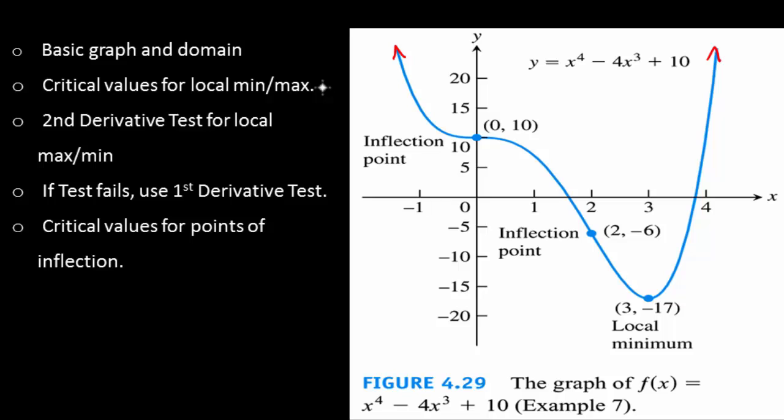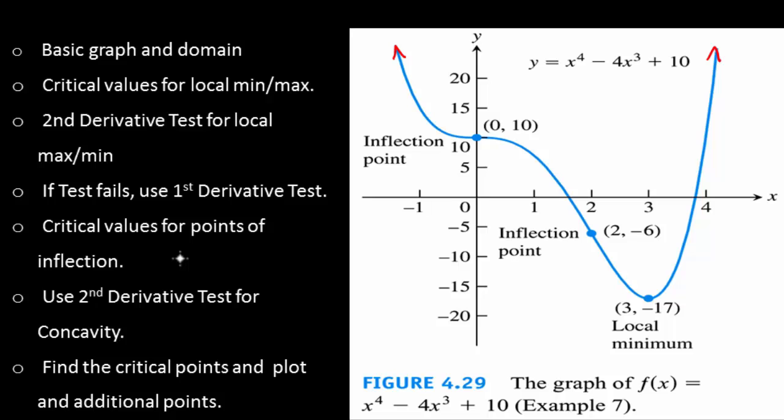Then critical values for points of inflection means we set the second derivative to 0, get the critical numbers there, and use second derivative test for concavity. And then find the critical points by plotting them. And that'll give you an idea, and additional points if necessary, just to help you graph it.